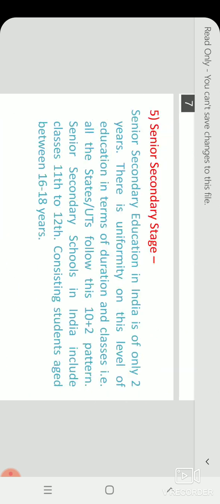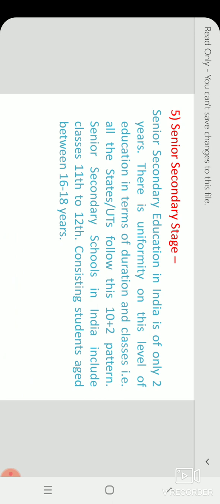The next stage, senior secondary stage. Senior secondary education in India is only 2 years. There is uniformity on the levels of education in terms of duration and classes in all the states and union territories. Senior secondary schools in India include the classes 11th and 12th standard.